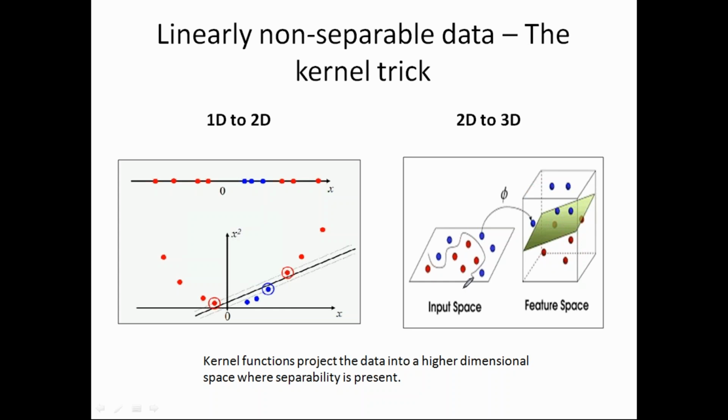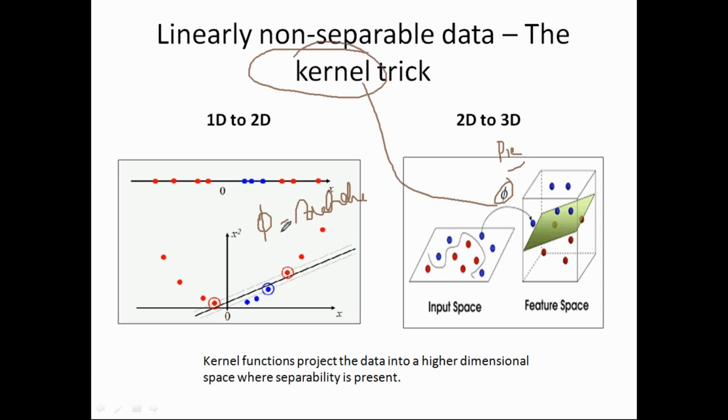So this is basically the SVM kernel trick. This is called a kernel. This function, here it's a parabolic function, right? Here it is some phi function or something. These functions are also called kernels.